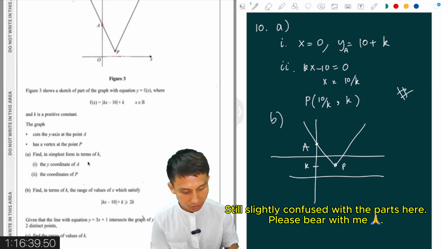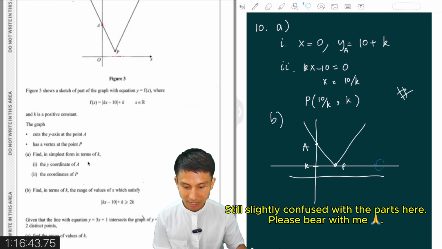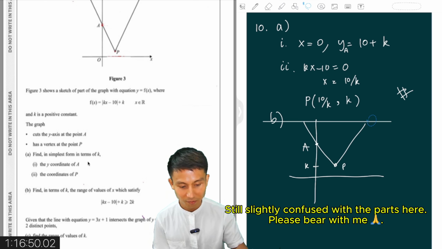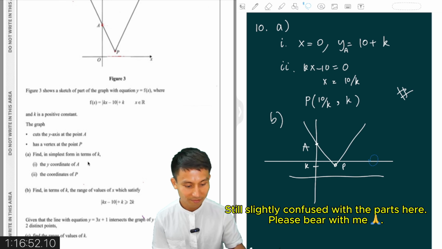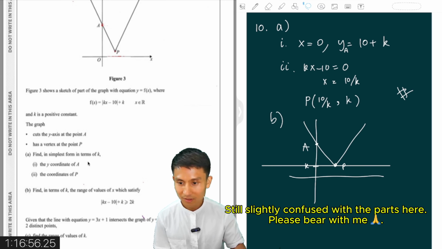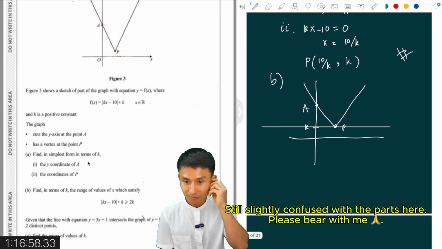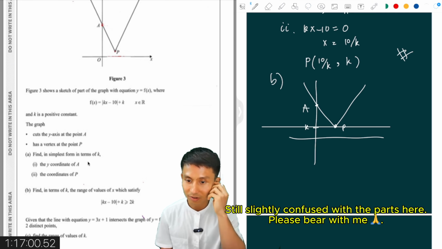Okay, so whatever 2k is, we need to make it critical here because we want two distinct points. So it's from this point and upwards, right? So it's got to be greater than that. At critical, wait, hang on.